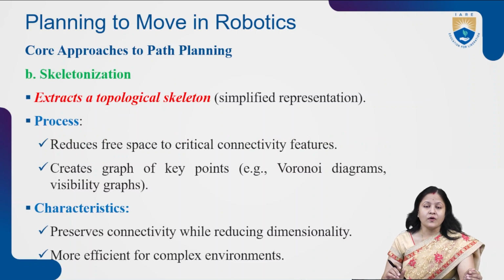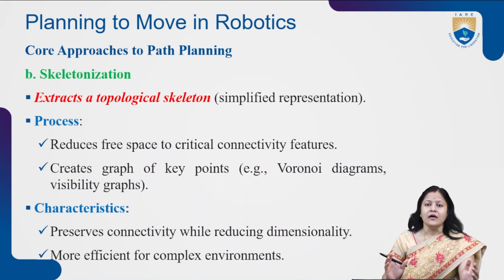Compared to the first one, cell decomposition, the second one is skeletonization. Skeletonization extracts a topological skeleton. It is a simplified representation of the cell decomposition, we can say. The process reduces the free space to critical connectivity features and creates a graph of key points.